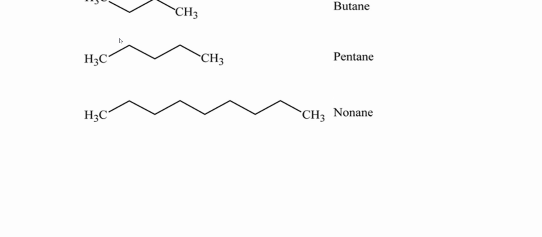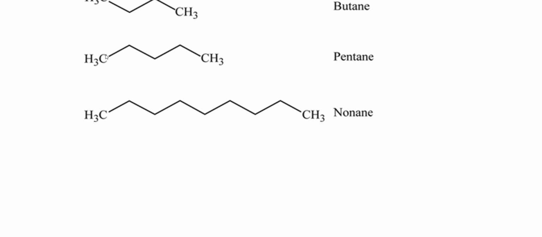Another way to represent aliphatic organic compounds is by zigzag lines. Every line here represents an atom of carbon. This is butane because it has 1, 2, 3, and 4 atoms of carbon.